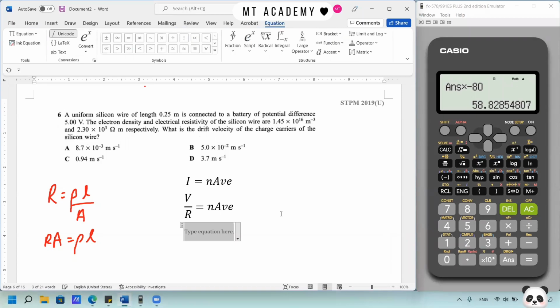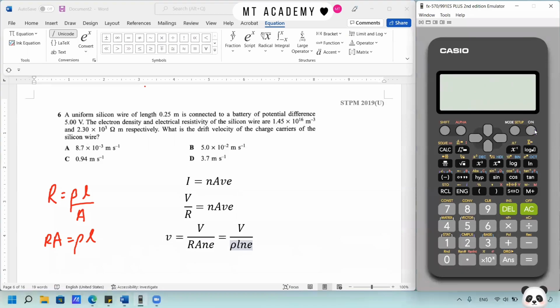The drift velocity v is equal to the potential difference divided by R n A e, where RA is equal to rho L. So we have voltage, resistivity, length, electron density, everything.